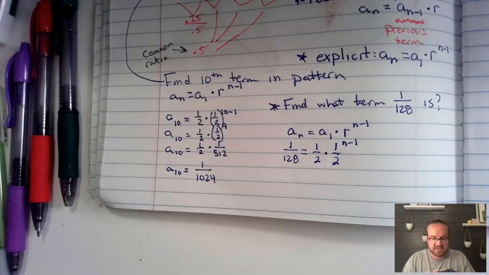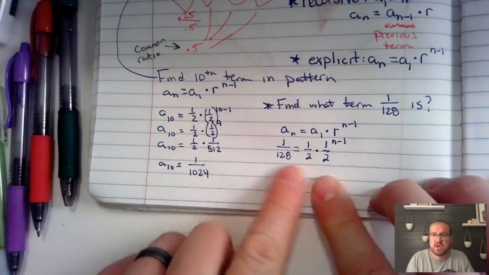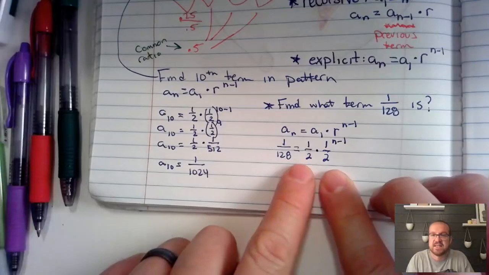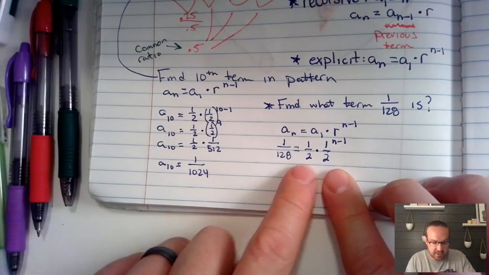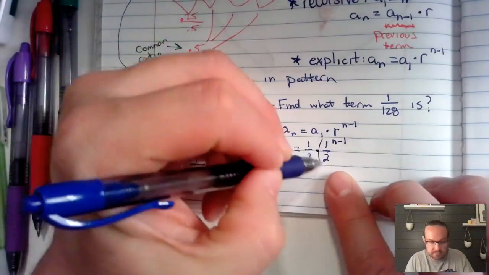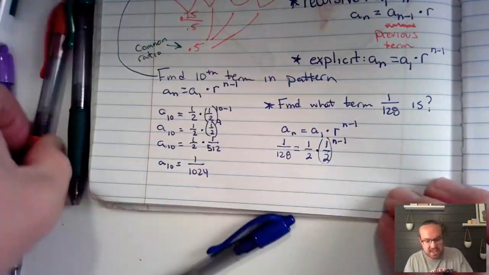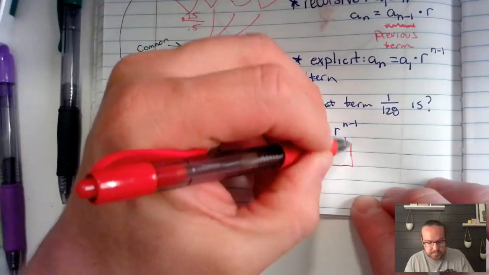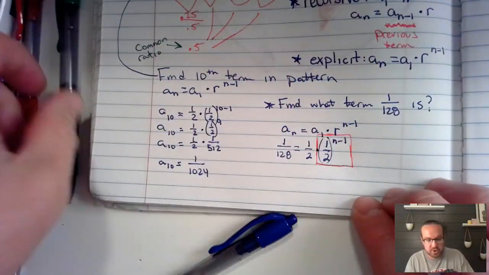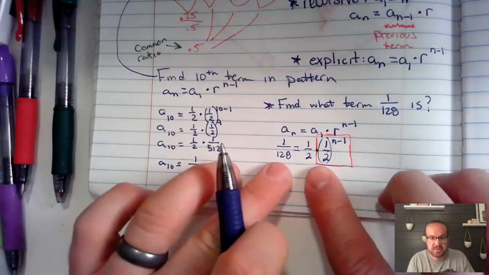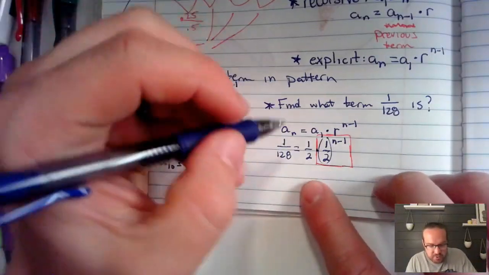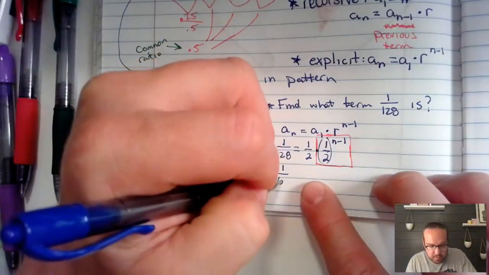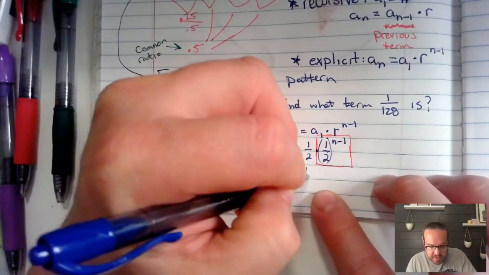In order to get this out here, I want to isolate the base and its exponent, so this whole thing that I'm boxing up in red. In order to do that, I have to multiply both sides by 2. So that would be 1 over 64 equals 1/2 raised to the n minus 1.